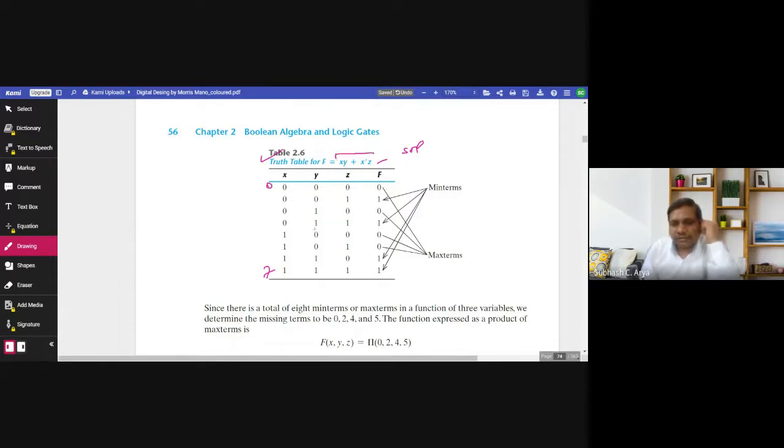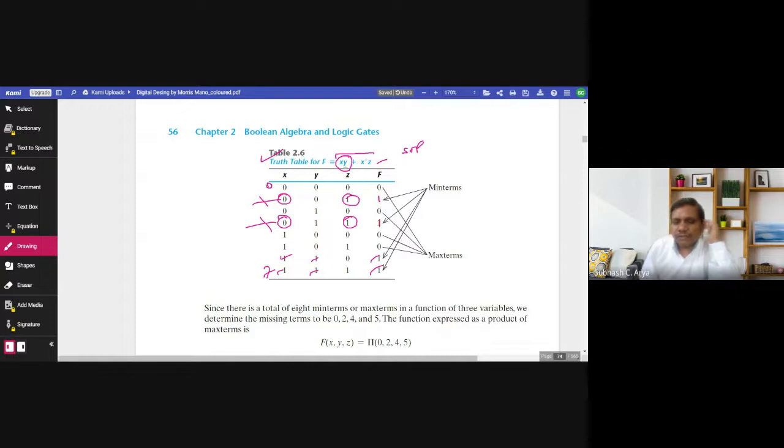So where is the xy? We can see x here, y here, irrespective of z and z bar. This is z bar and this is z. So at these two places f is equal to xy gives 1. Plus x bar z. Let us find out where this x bar z is. So we have here x bar, and this is x bar z, and this is also x bar z. So at these two locations x bar z is true, hence f gives logic 1 as an output.